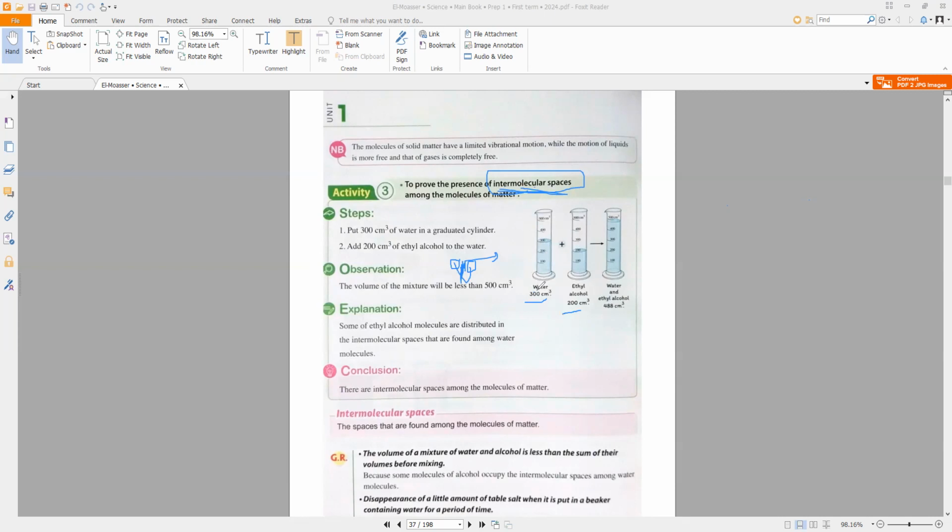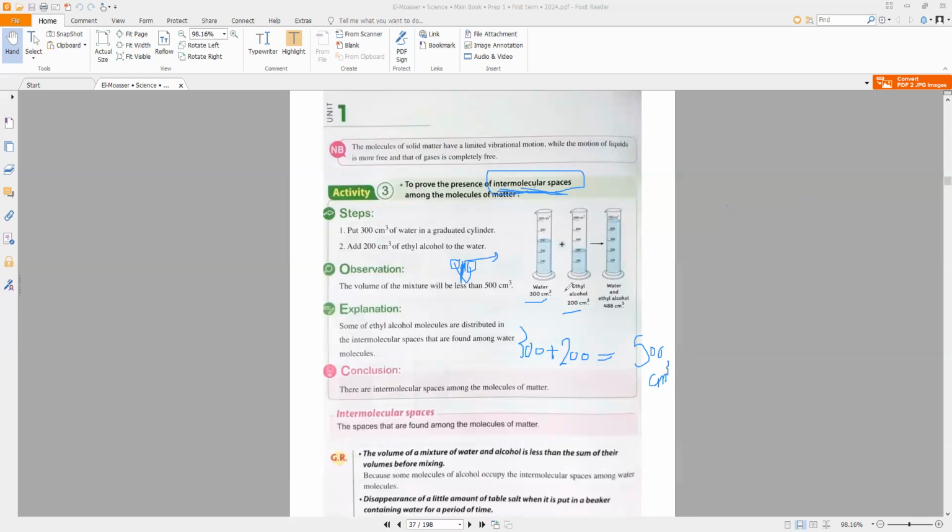The volume of the water is 300, the volume of ethyl alcohol is 200, so the total volume before mixing is 500 cubic centimeters. Okay, this is before mixing.